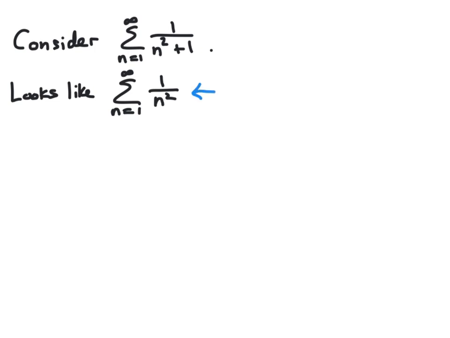The benefit of looking at this second series is that this is actually a convergent p series. We can see this just by looking at it without doing any additional work. Here, this is a p series where p is 2, and 2 is bigger than 1, and so we know right away that the second series is convergent.